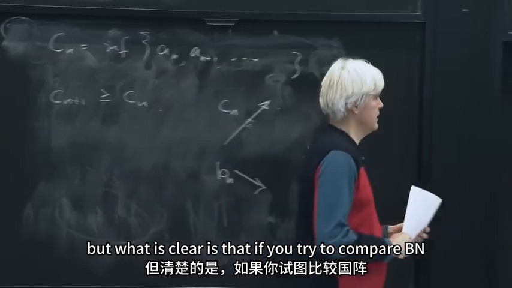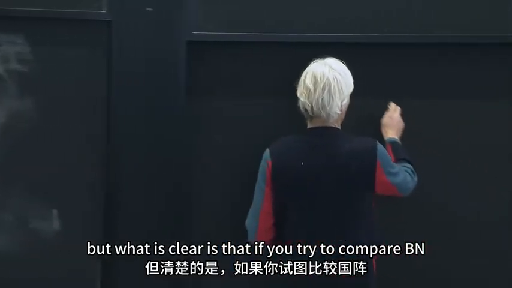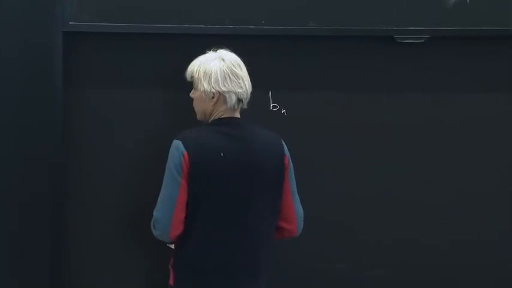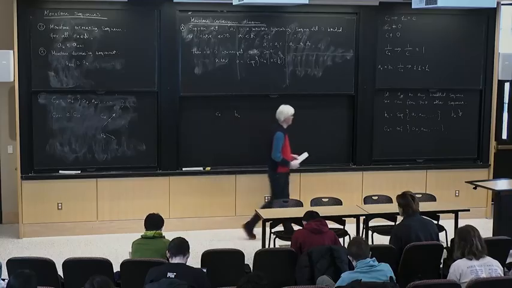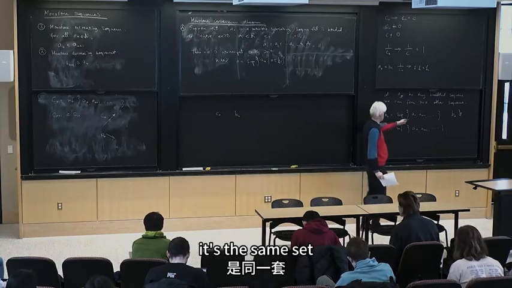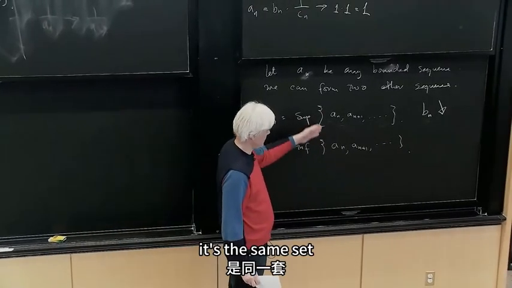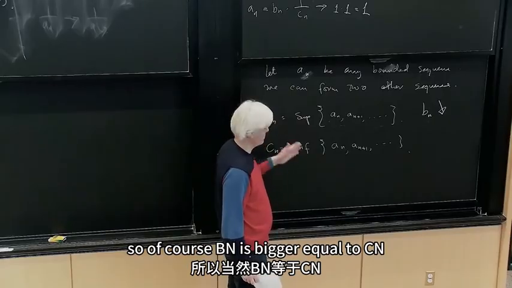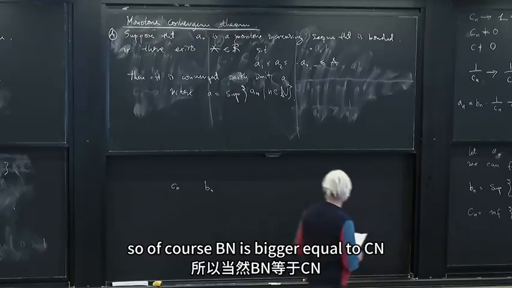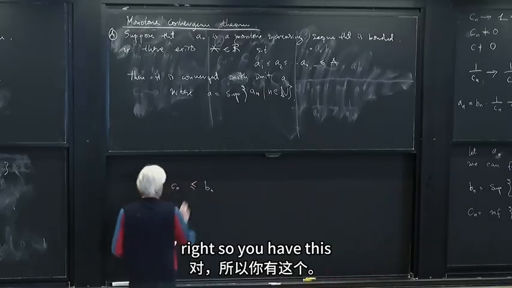But what is clear is that if you try to compare Bn with Cn, right? It's the same set. In one, you take the sup, the other, you take the inf. So, of course, Bn is bigger or equal to Cn. Right, so you have this.